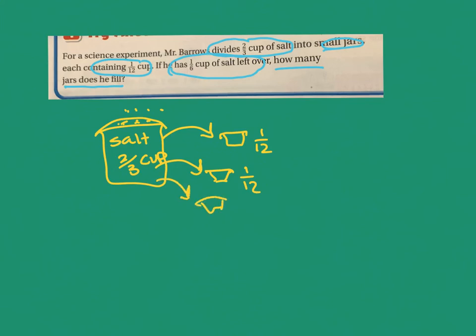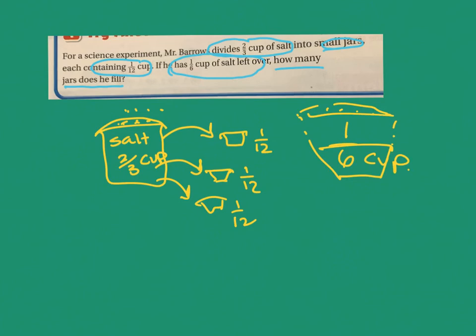The thing that's throwing me off is that there was some salt left over, 1/6 of a cup. So not all of the salt was used. So of the salt shaker he was using, I'll draw it, 1/6 cup is left. So, okay, well I really need to know how much of the salt was used.